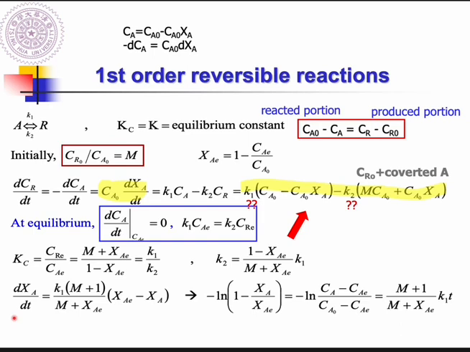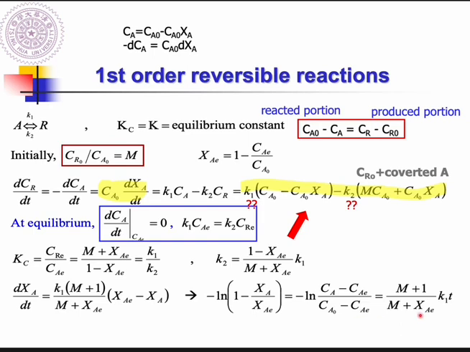We use the integral method to move XA back to the left-hand side and dt to the right-hand side, and take the integral for both sides, for t from 0 to t, and XA from the fractional conversion before the reaction happens, which equals 0, so it's 0 to XA. Okay? So you will get this result.